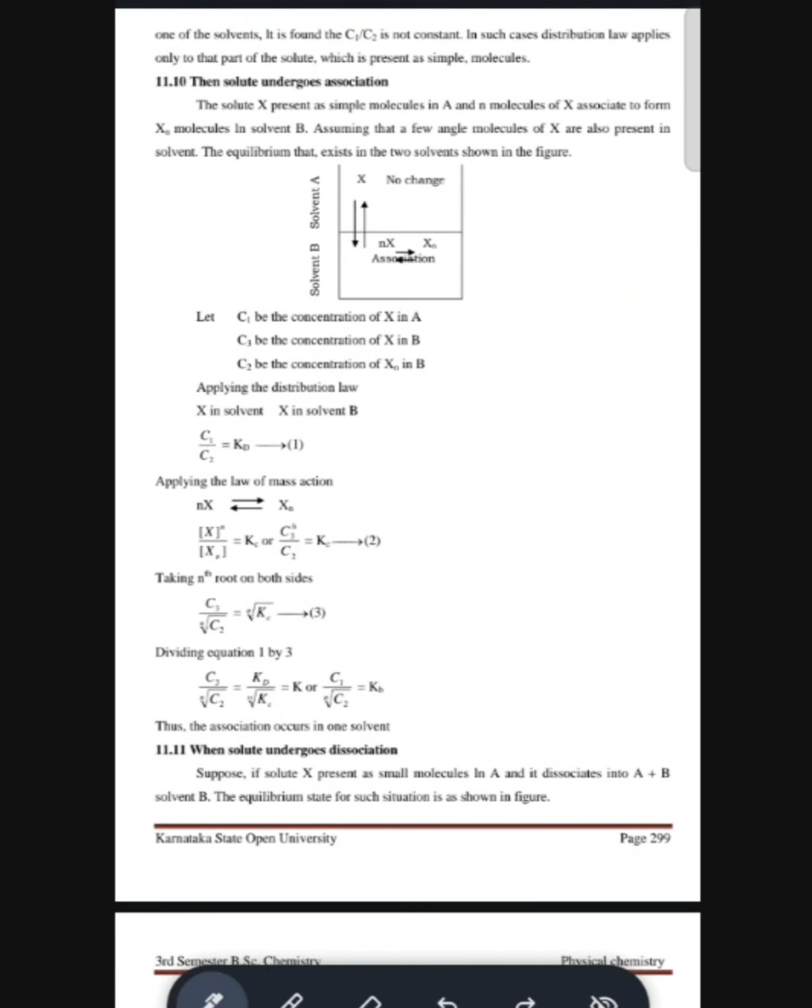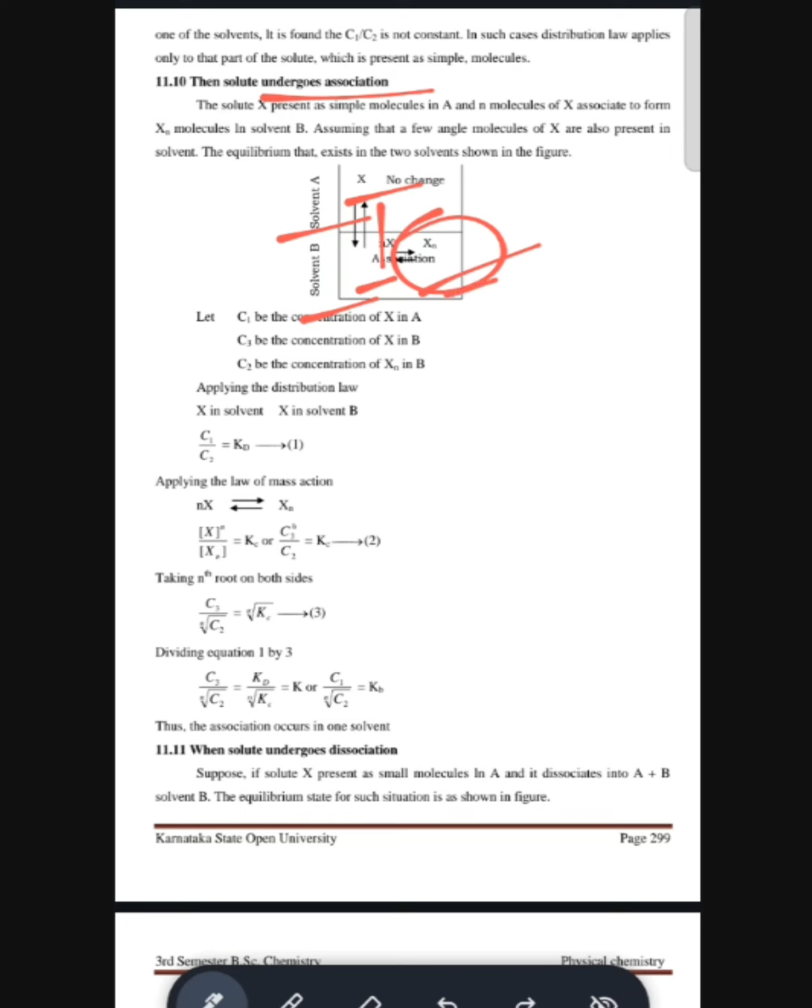The solute undergoing association: the solute is present as simple molecules in A, and n molecules of X associate to form Xn in solvent B. Assume that a few molecules of X are also present in solvent B. This is solvent A, this is solvent B. When X is added, it should be equally distributed, but some association takes place, so more concentration of X is present in solvent B.